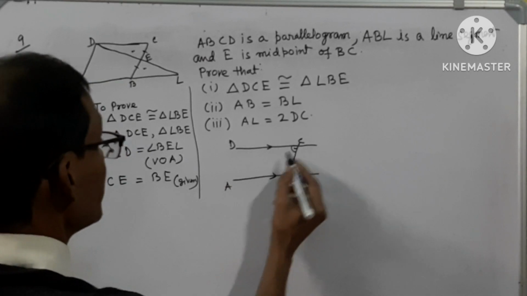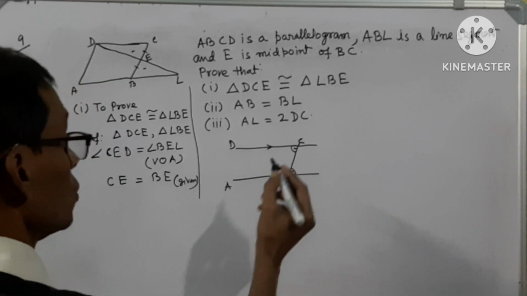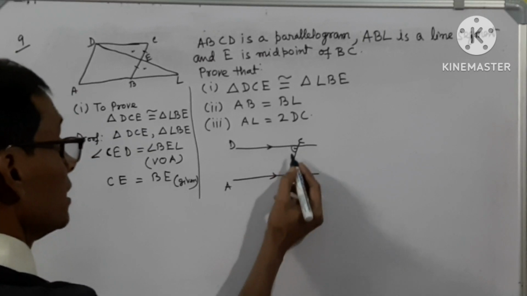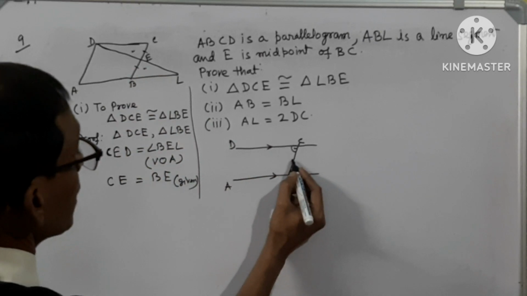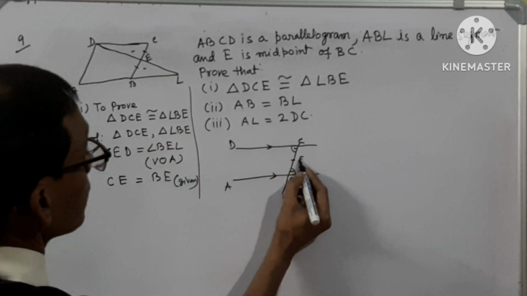Since DC and AB are parallel, the alternate interior angles will be equal. E point is somewhere here.